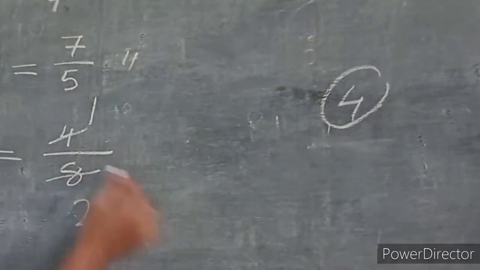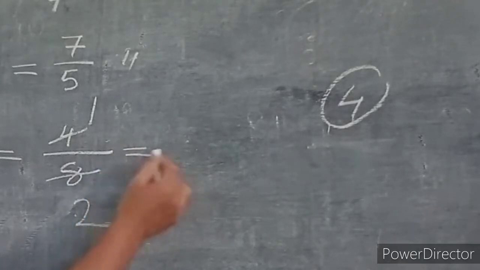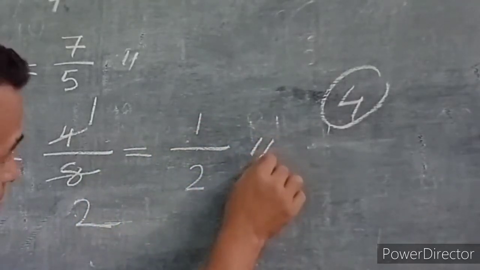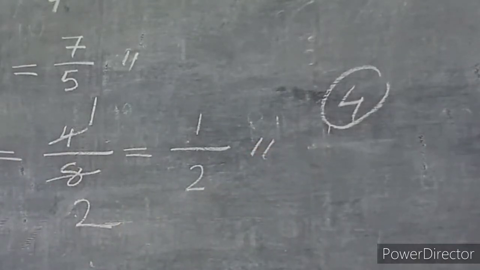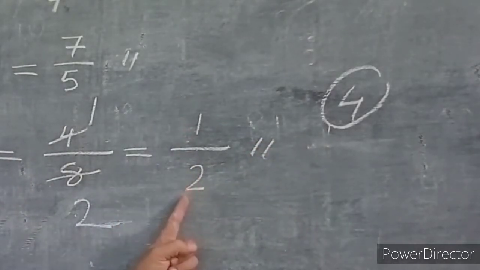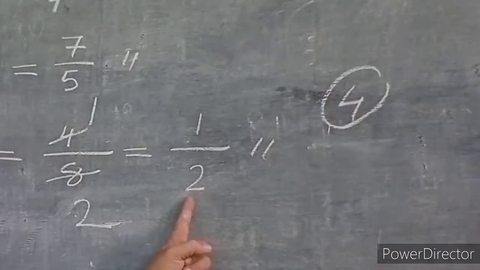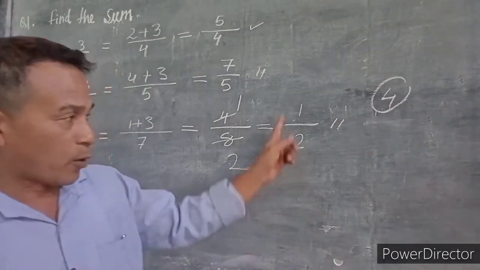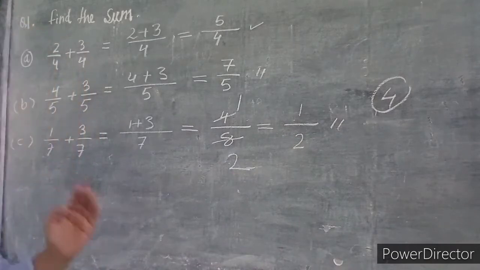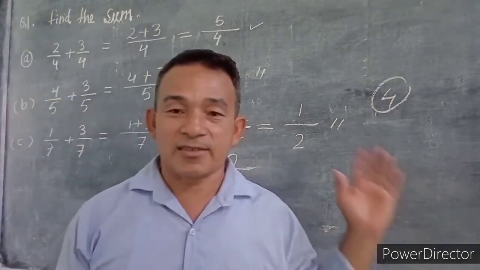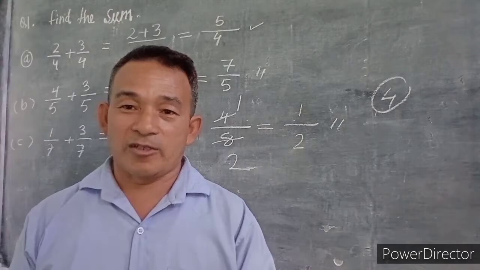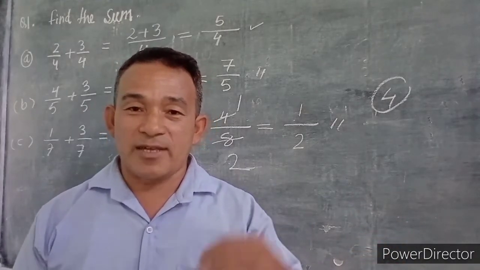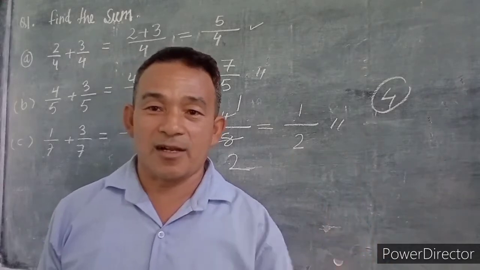Then cut off this 8. Now 1/2 is our final answer, and it is in the simplest form. So this is how we add. This is the basic concept of addition of fractional numbers.